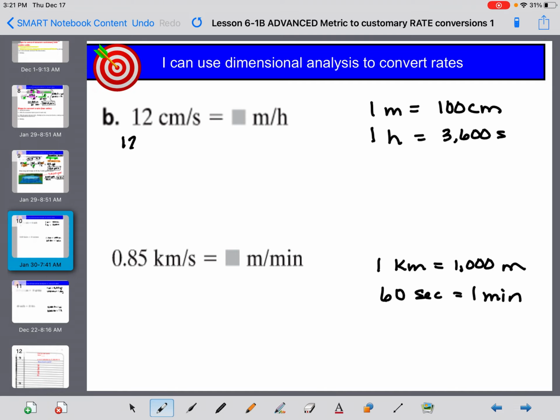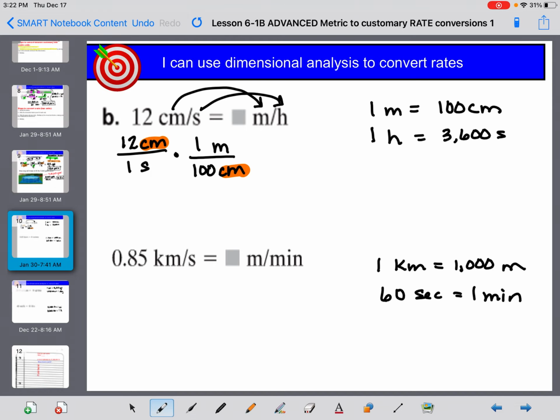All right, for this first one, you should have set it up as 12 centimeters over 1 second. I need to multiply it by a conversion factor to convert centimeters to meters. I would say that 1 meter is 100 centimeters. I need to make sure that my labels are diagonal so they cancel out.